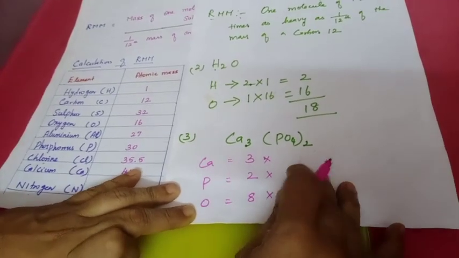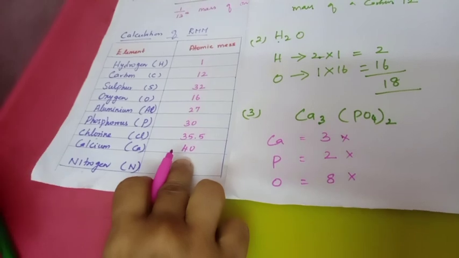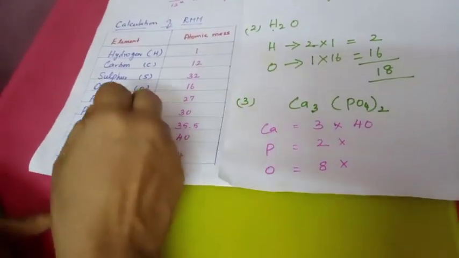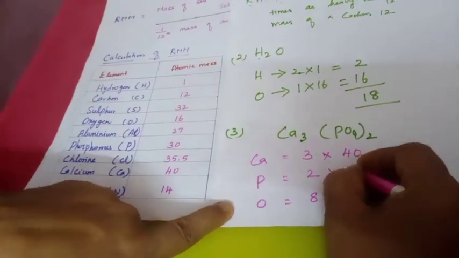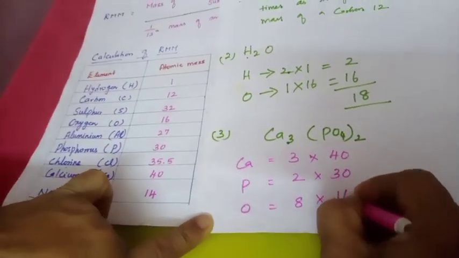Next you find out the atomic mass for calcium. What is the atomic mass for calcium? It is 40. Next, the atomic mass for phosphorus is 30. Oxygen 16.